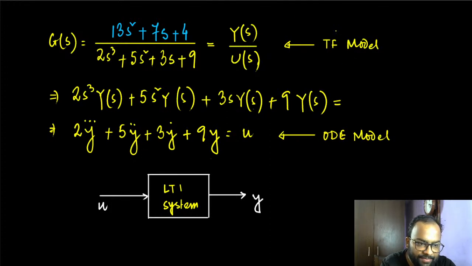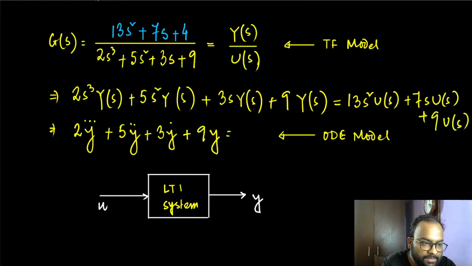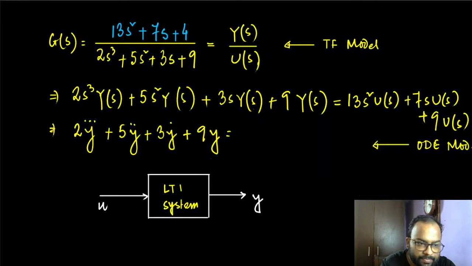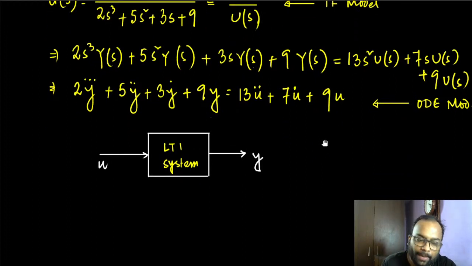So that becomes, if I write down here, 13 s square U plus 7s U plus 9 U. And obviously the differential equation becomes 13 u double dot plus 7 u dot plus 9u. Okay. Now we can once again take the help of linearity.